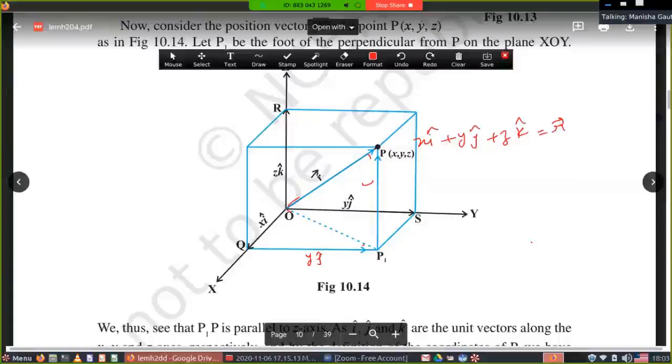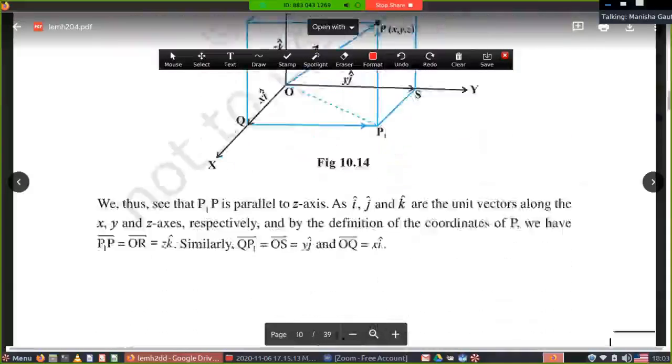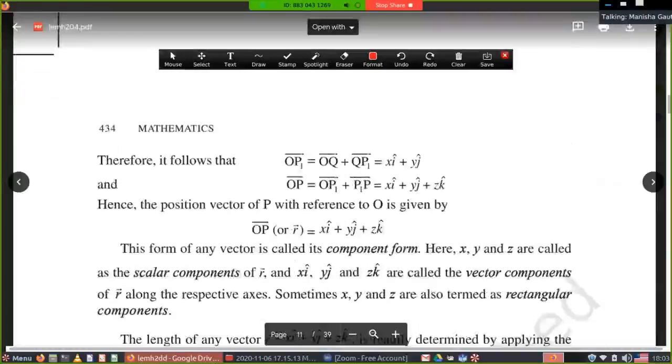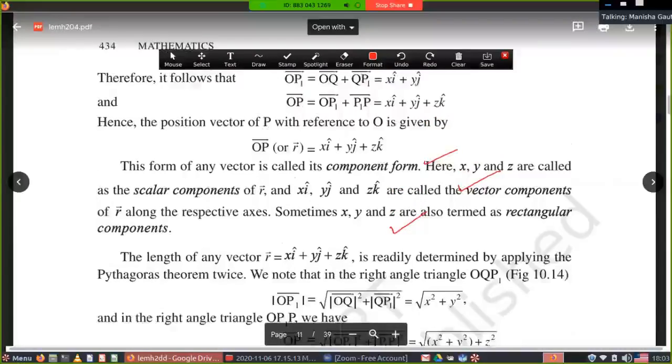I have used here the OQP1 triangle and the OPP1 triangle. You can see these two are right angle triangles. If you can visualize, it's easy to understand. OP1 can be calculated by taking the right angle triangle. The second right angle triangle is used and you will get this one, and this is the component form of the vector OP, that is the R vector, xi plus yj plus zk.